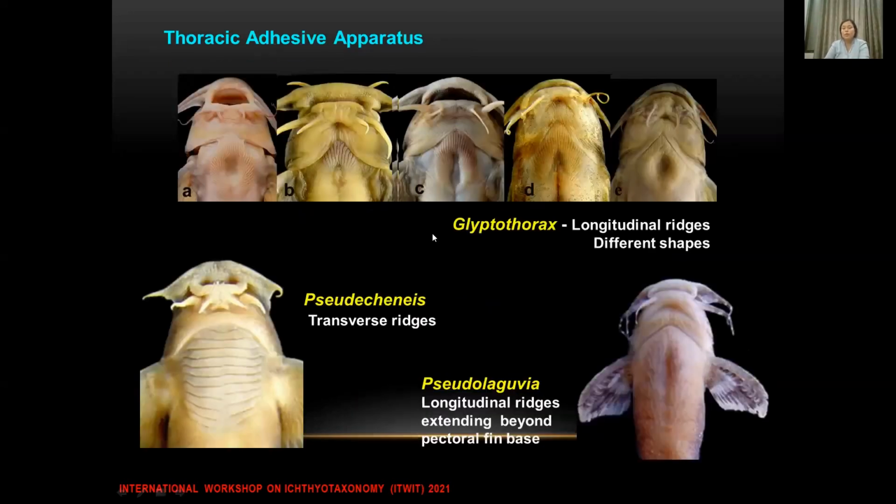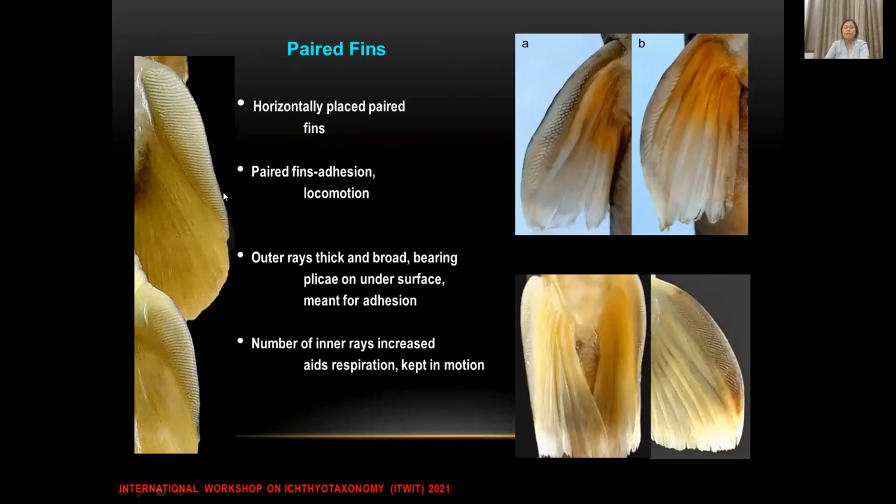Then these are also apparatus they use for adhesion, the thoracic adhesive apparatus. Then the paired fins have plicae underneath. These are also for adhesion and for locomotion in fast flowing waters.